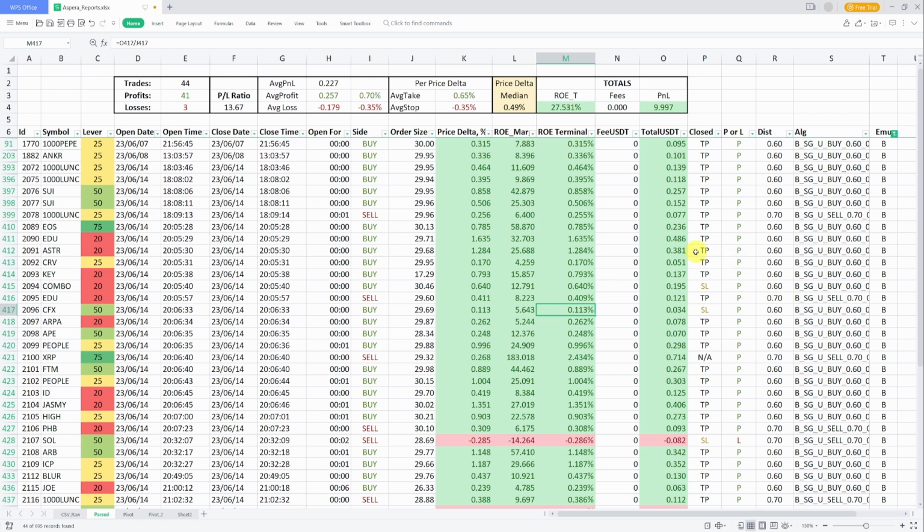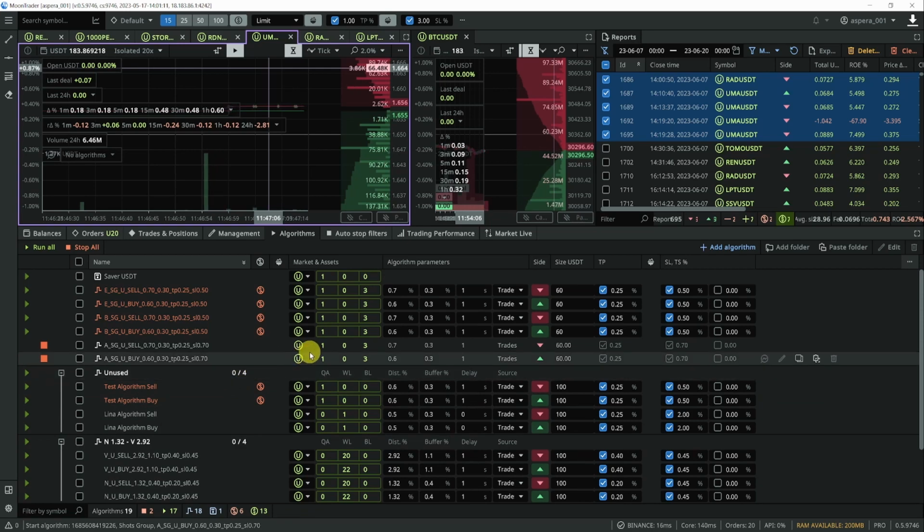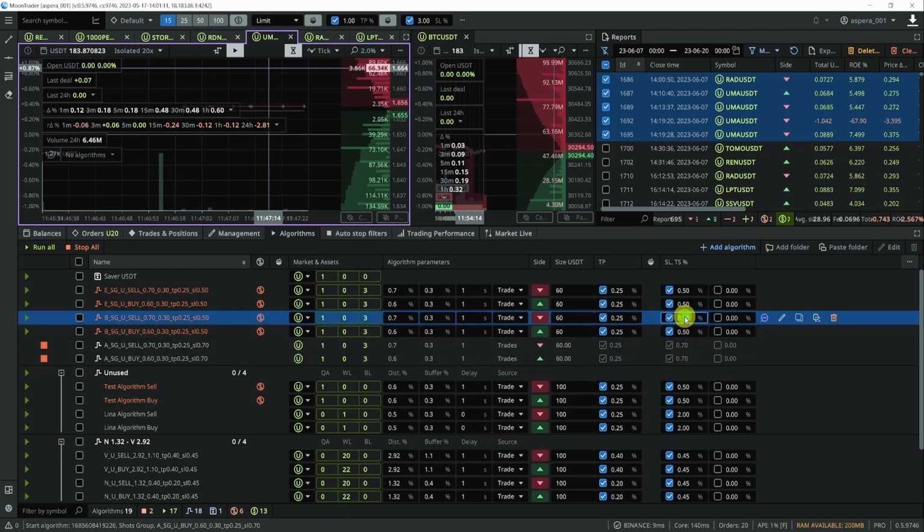So I would reckon that these details, these numbers here, are even more skewed than with the lower volatility algorithms. But I'm gonna keep watching here. I'm gonna launch them anyway. And to make them more similar to these ones that I'm already running, I'll go for 0.7 here as well.